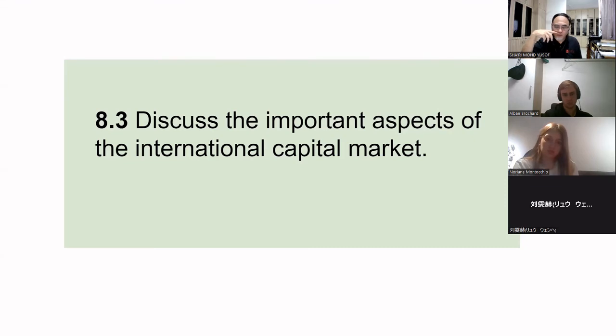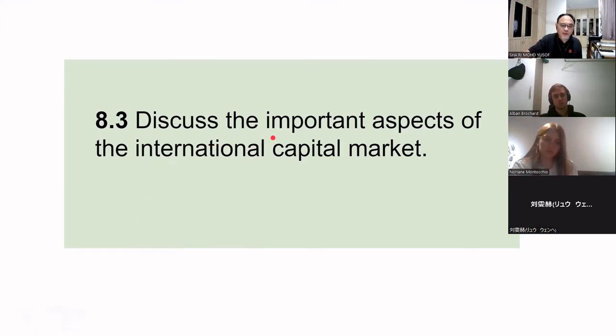Sukuk is a product of the Islamic capital market. So they develop new products that will meet the needs of borrowers worldwide.